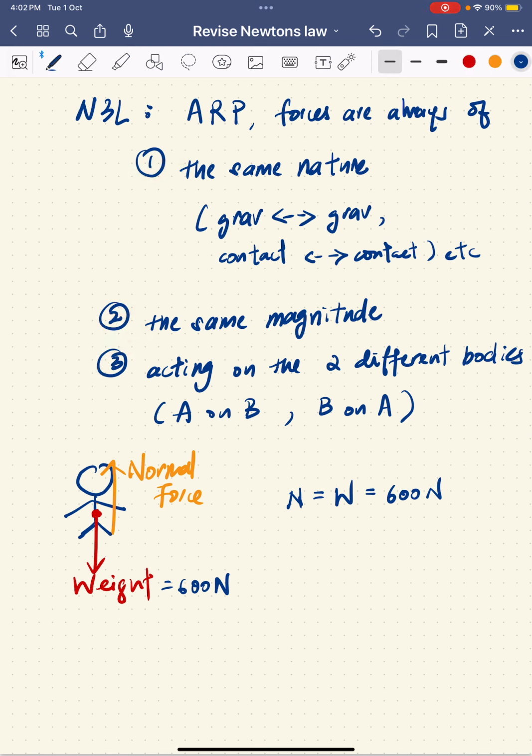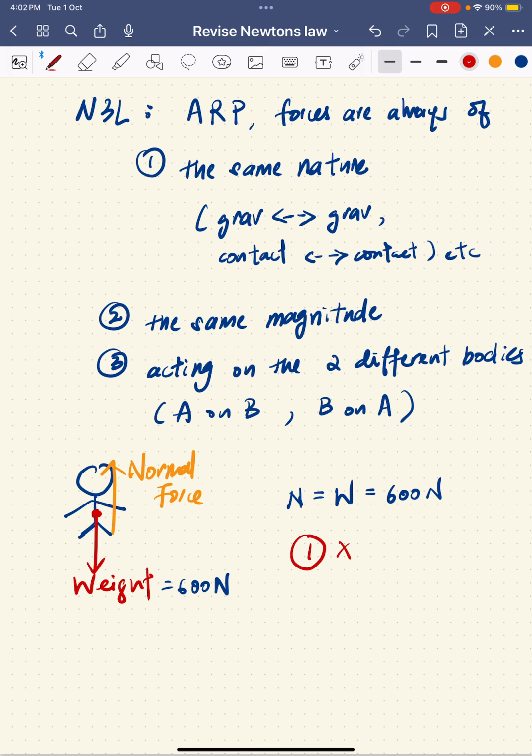Firstly, are these two forces of the same nature? The normal force is a contact force, weight is a gravitational force, so in this case they are not of the same nature. Criteria number one is not met.